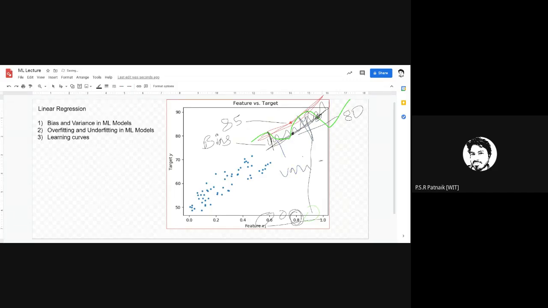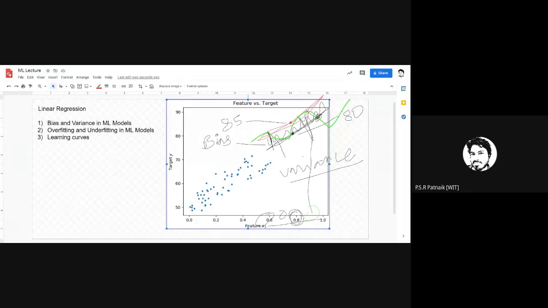A machine learning model with high variance predicts the right answer for some data points, but for some other points it predicts a very far and vague answer. So this variance in its outcome is always present in the model. These are the two concepts ML models always suffer from: bias and variance.